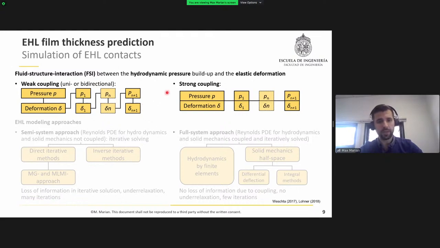In the strong coupling, on the other hand, we solve the two discretized differential equations in one joint algebraic system of equations. Generally, it is possible to use the full Navier-Stokes equations to solve EHL contact problems.